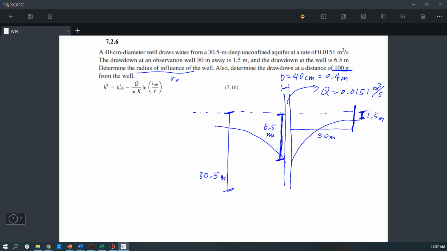So similarly, we will apply the equation 7.16 to calculate this. And because the K is not given in this problem, we will first utilize the drawdown on this observation well and the drawdown at the well itself to calculate the K value.